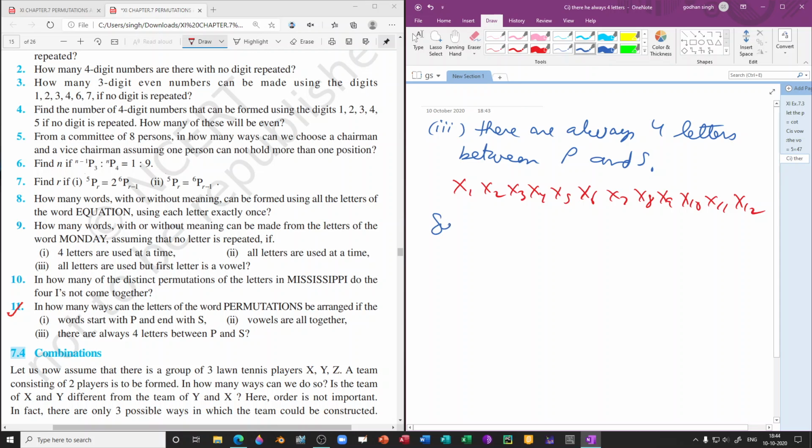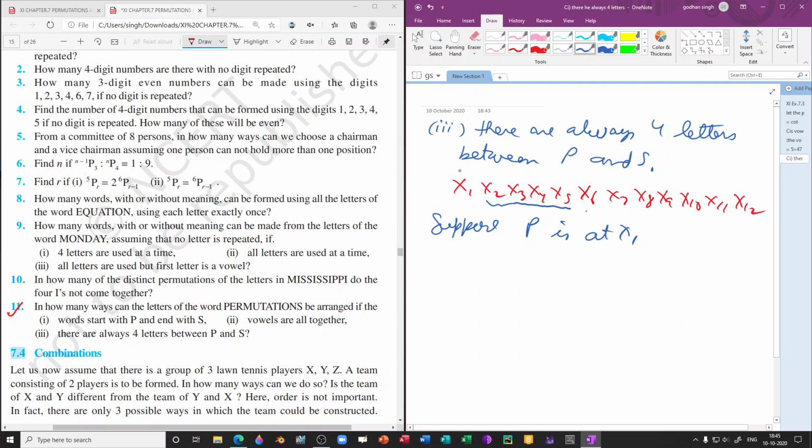Suppose P is at X1. Then S will automatically be placed so that between P and S there are 4 letters. So where will S be? The 4 letters are X2, X3, X4, X5, so S has to be at X6.